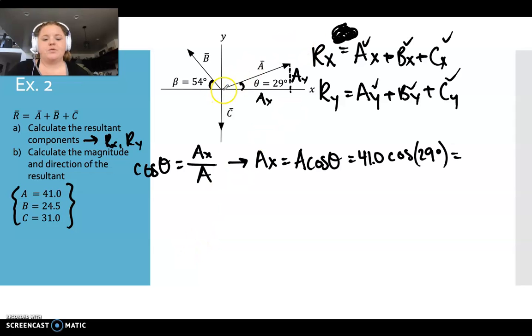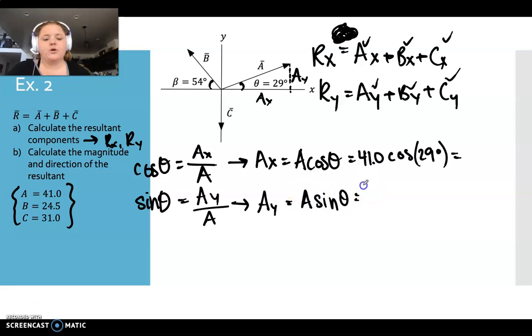Okay, and we'll do something similar for AY. We have opposite now, so sine theta is going to be equal to AY over A, so opposite over hypotenuse, and that gives us AY is equal to A sine theta, or 41.0 times sine of 29 degrees.